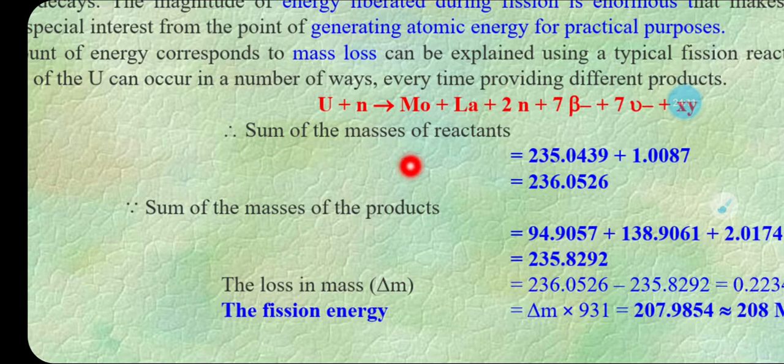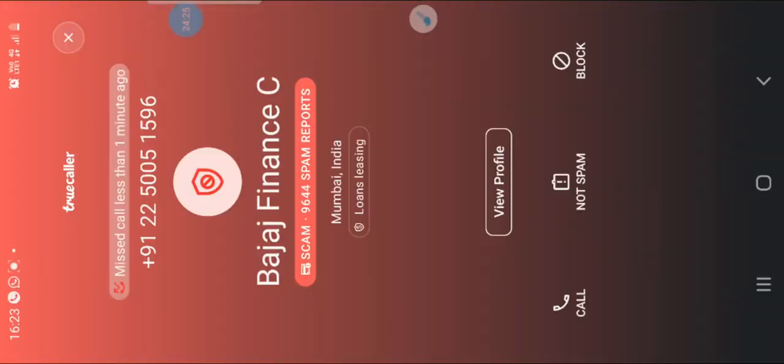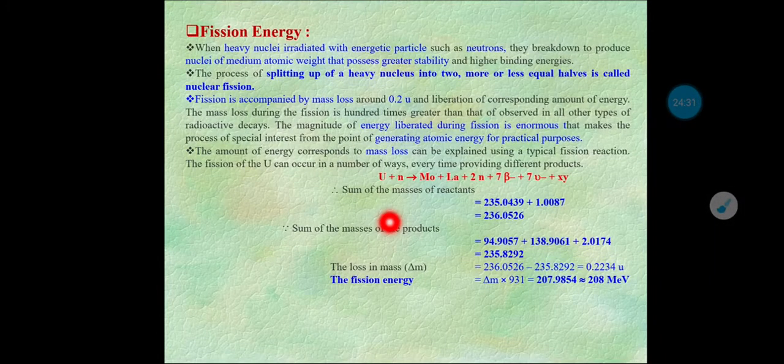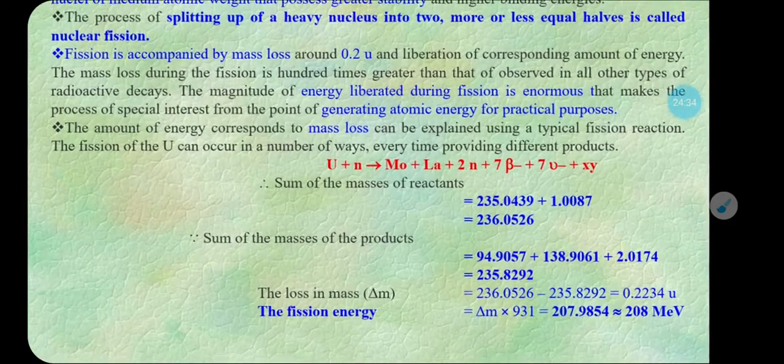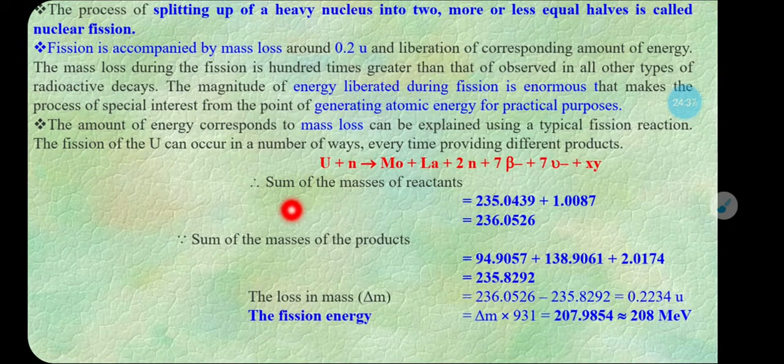So the sum of the masses of the reactants: 235.0439 plus the mass of the neutron, 1.0087.